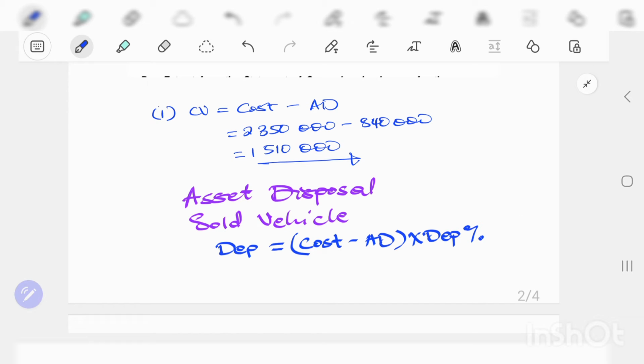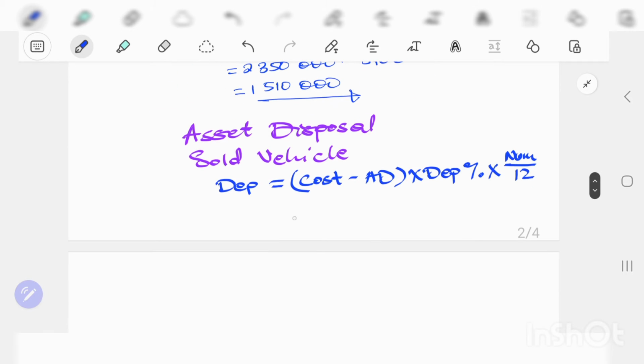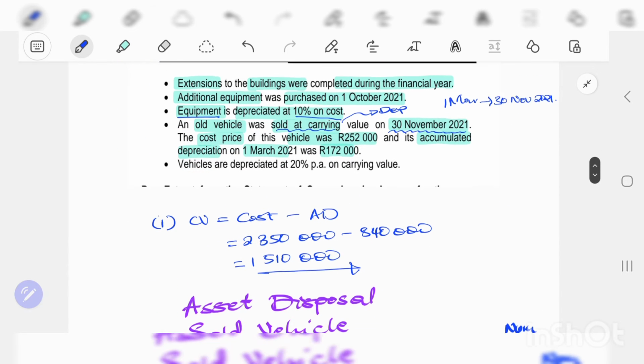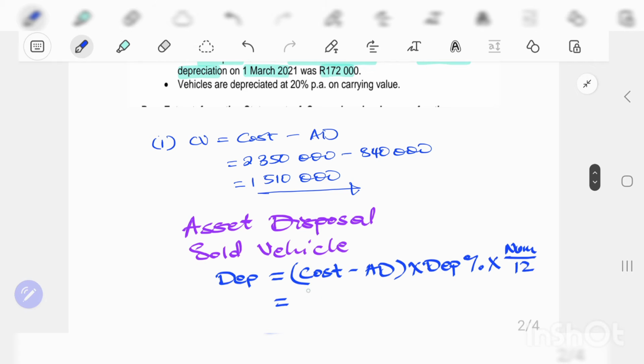But because we decided to sell this asset during the year, we also have to consider the number of months during the current financial year divided by 12. So what do we have here now? We are told that the cost of this vehicle is 252,000.